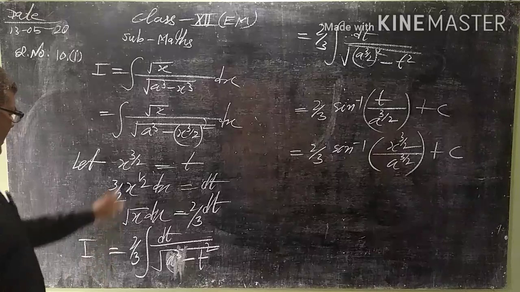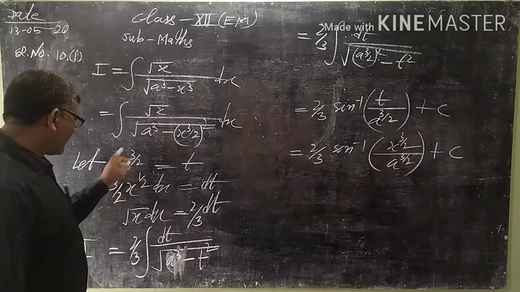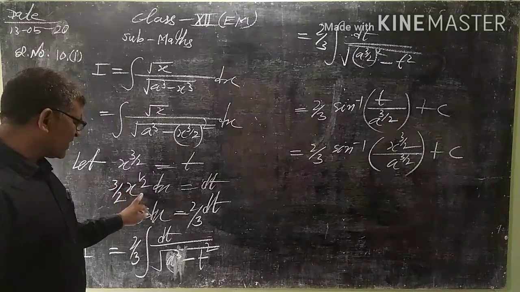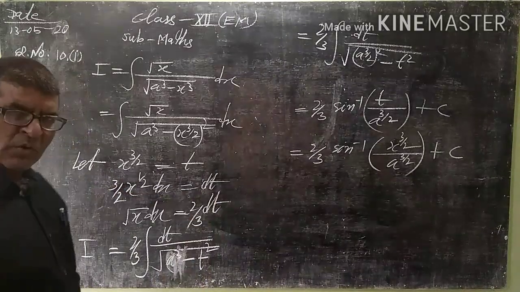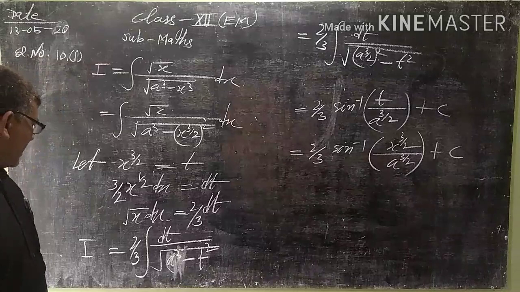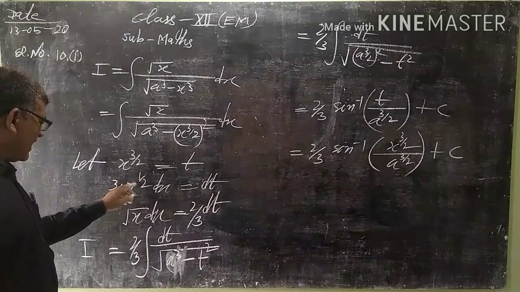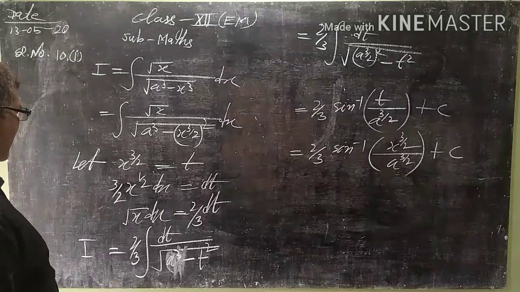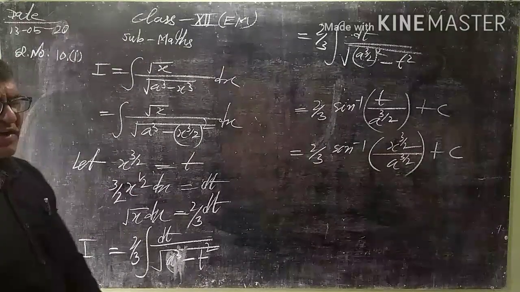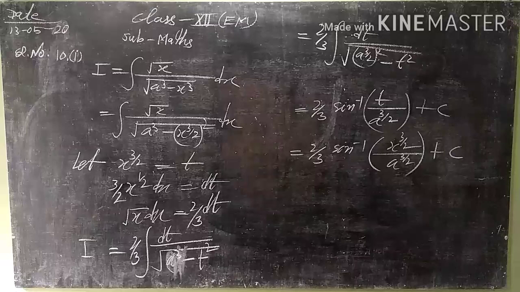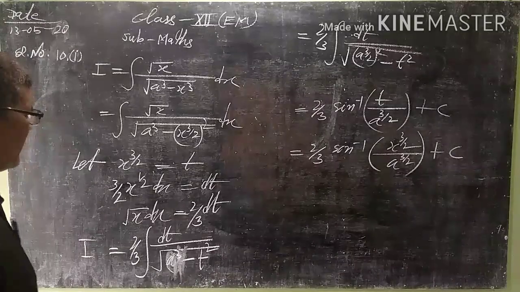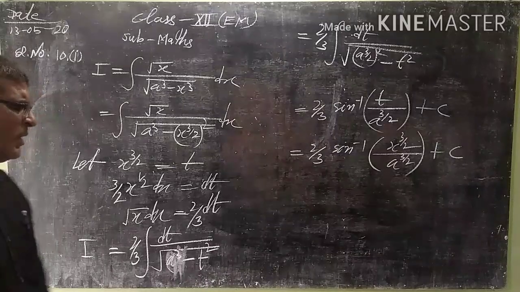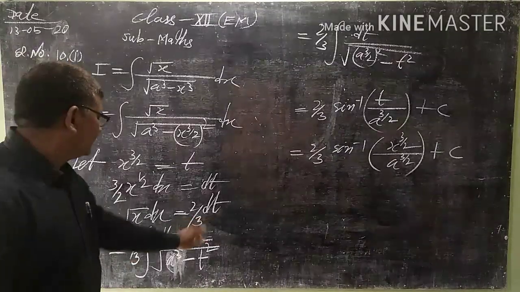Then let power of x 3 by 2 equal to t. Then d by dx of power of x 3 by 2 equal to 3 by 2 power of x 1 by 2 dx equal to dt. And we can write power of x 1 by 2 equal to under root x dx. And 3 by 2 when transferred from left to right, it will change and become 2 upon 3.